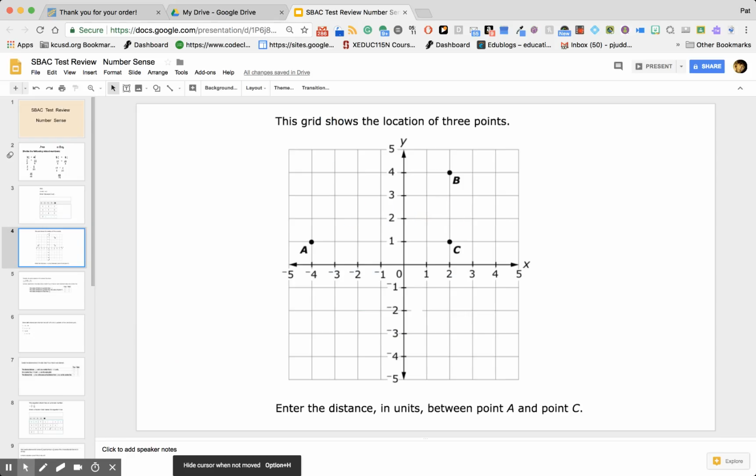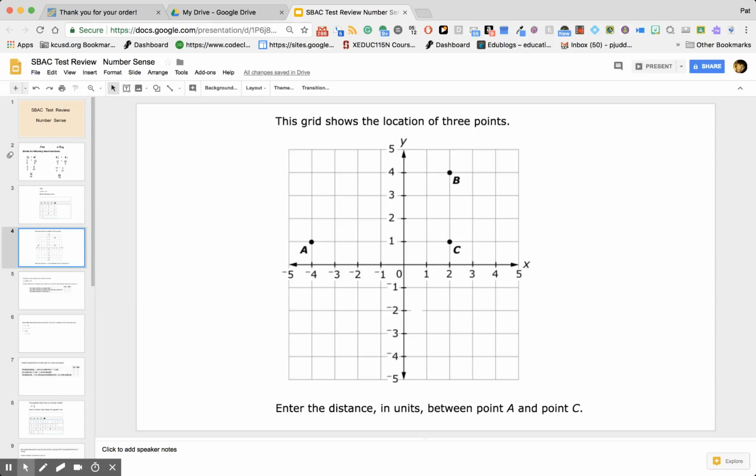Now, take a look at the next one. This grid shows the location of these 3 points, A, B, and C. Enter the distance between points A and C. So look closely at where A is located.